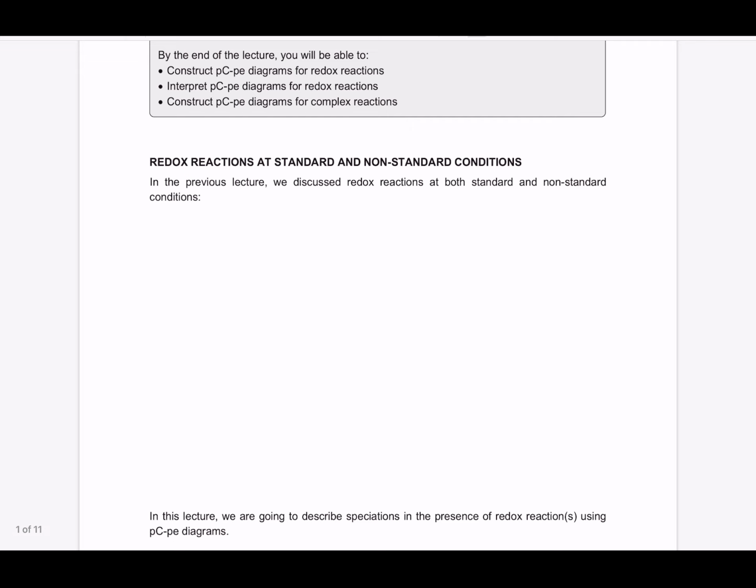So to quickly review what we talked about in the previous lecture, we talked about 4 different things. 2 related to half reactions, one at standard, one non-standard, the same thing for redox reaction. And for half reactions, again, to just quickly review, we always write it in the standard notation in the oxidation way, which is basically releasing only 1 electron.